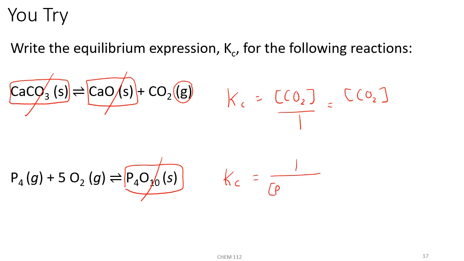We're going to have P4, that'll just be raised to the first power, times the concentration of O2, and that'll be raised to the 5th power because there's a 5 out in front of our O2 in our balanced equation. So our equilibrium expression here is K sub C equals 1 over the concentration of P4 times the concentration of O2 to the 5th power.